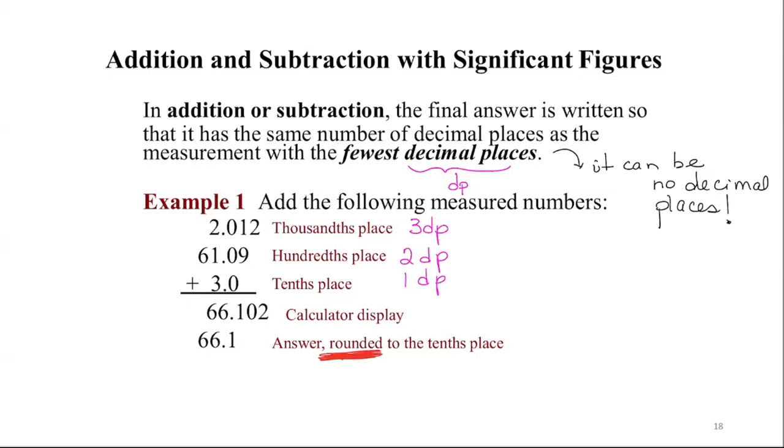So your calculator display, by adding these 3 measured values, tells you that the result is 66.102. Now, based on your sig fig rules, you will say, oh, wait, the fewest decimal places in this case is going to be 1 decimal place.